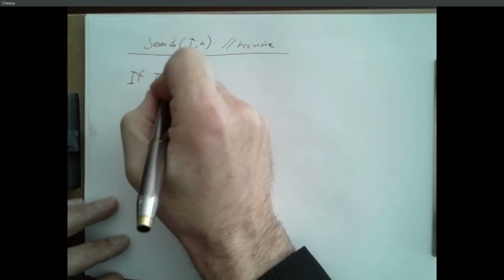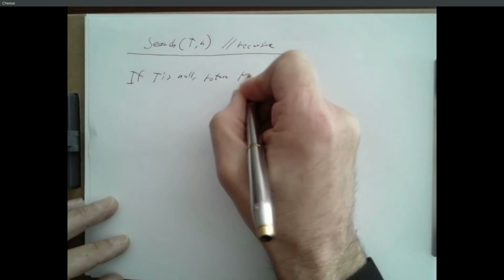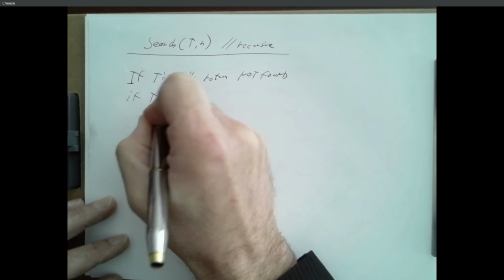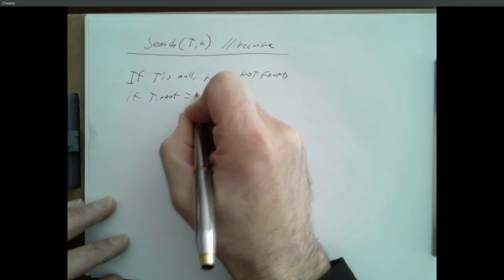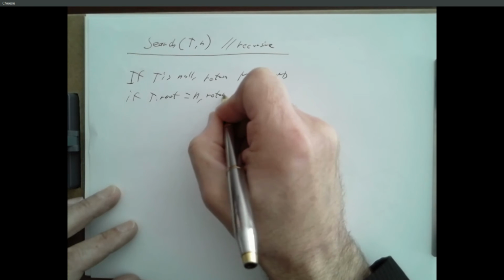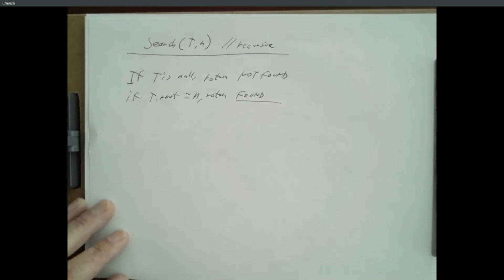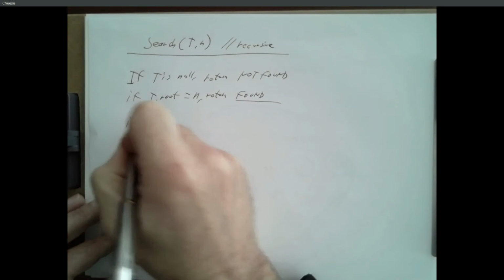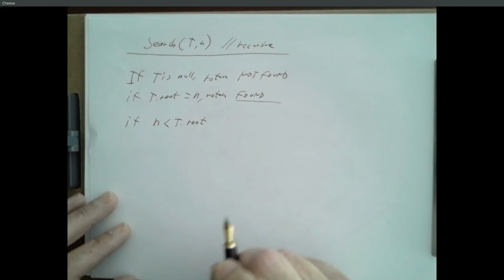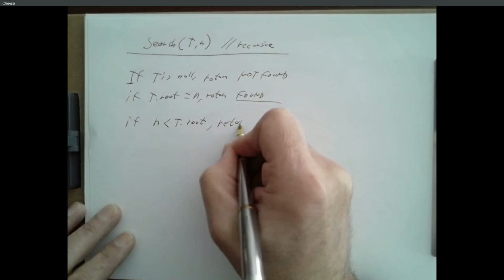So if t is null, return not found. If the root data matches our number n, I'll just say it's found, and I'm a hero because I got the answer. If the number I'm looking for is smaller than the root, what am I going to return?